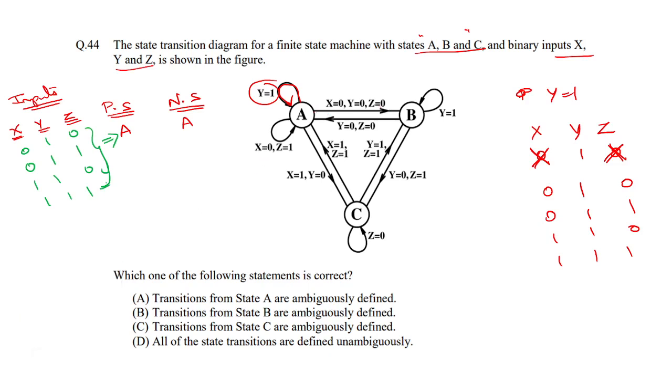Next, where else? A to B. Let's say you are at present state A. Let's talk one by one, node by node, right? X0, Y0, Z0, so 0 0 0. Clear, right? Now again there is something called A to A. See this node. What is it saying? X0, Z1. What about the value of Y?